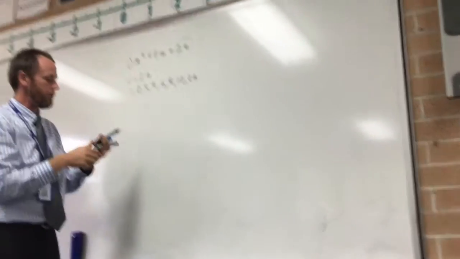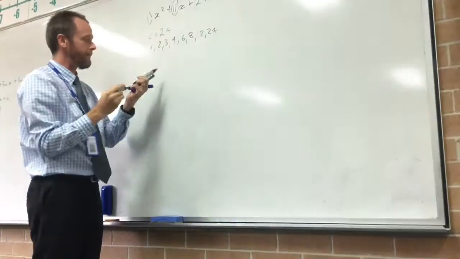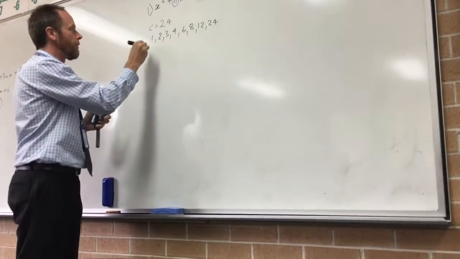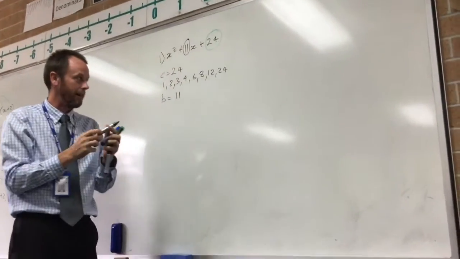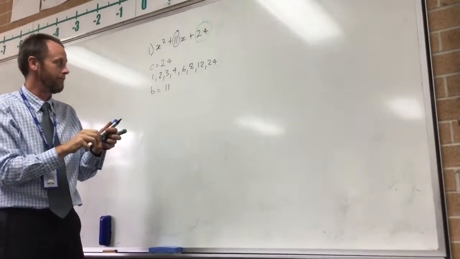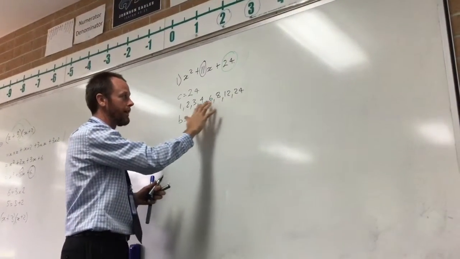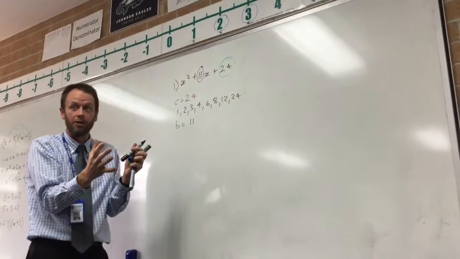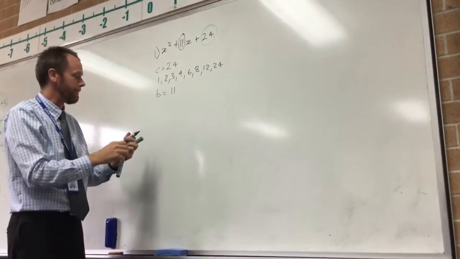But then if I look at my b, that's the number in front of the x. So I want two numbers that add together to give 11. So I've got to look through this and work out which two numbers, added together, give 11.